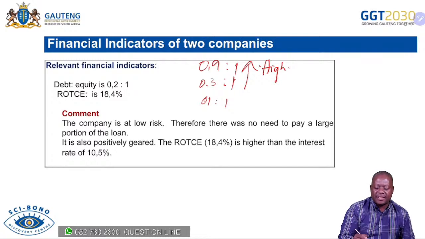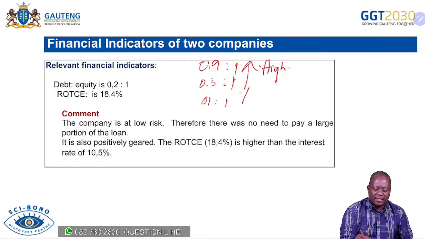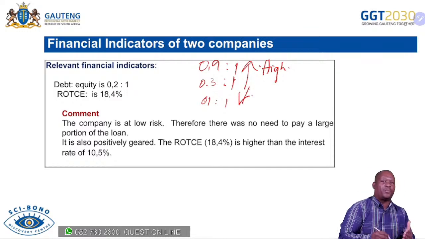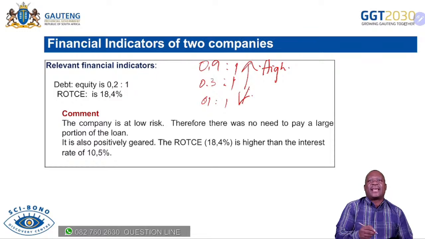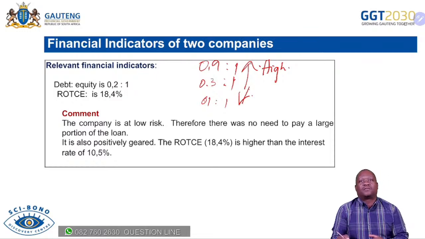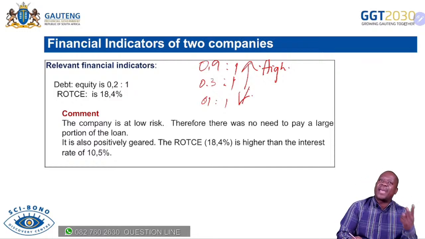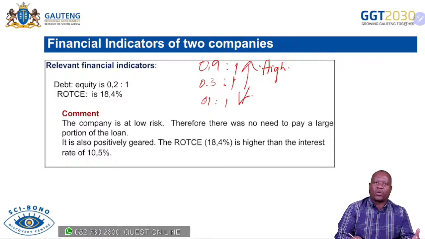It means the business is relying more on borrowed capital, which is not very good. But when it is towards the bottom line, 0.1, 0.2, 0.3, it means the business is low geared. It means they are not relying too much on the loans. So when we are looking into the decision either to repay a loan or to borrow, when do we borrow?